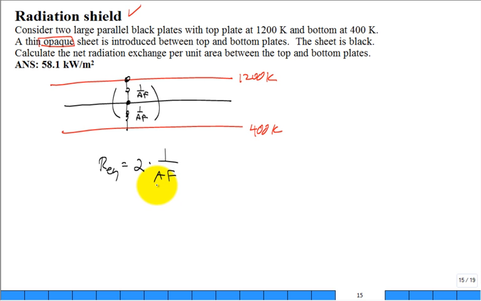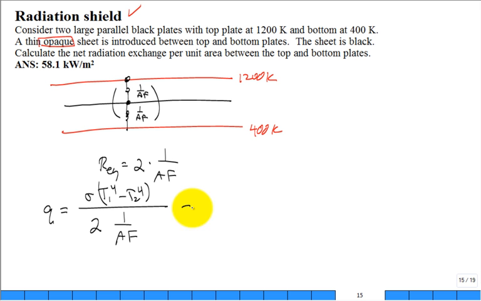So when we put it into our equation, we have Q is equal to sigma T1 to the 4th minus T2 to the 4th, and then 1 over that resistance, so we have 1/2 area view factor sigma T1 to the 4th minus T2 to the 4th.